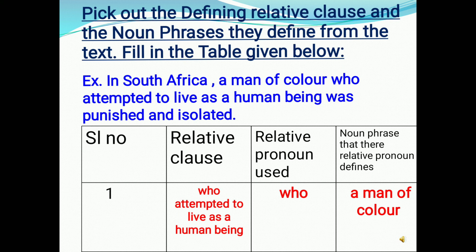So the word who is the relative pronoun used. And what is the noun phrase that the relative pronoun defines? A man of color. Yes, here who refers to a man of color. Therefore, a man of color is known as the noun phrase.